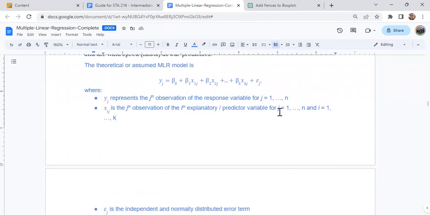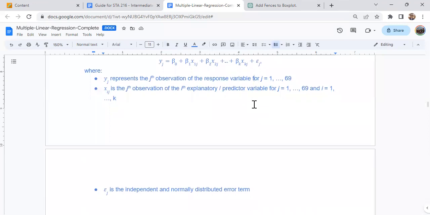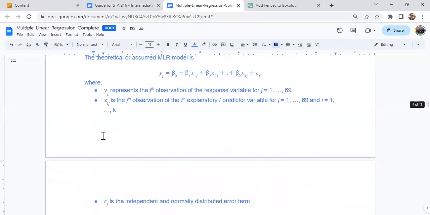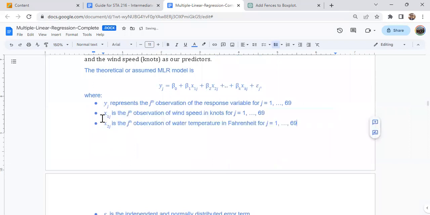So we'll update n to give the sample size. And the definition of the x's is actually always the same for the assumed and the estimated model. So we can save ourselves a little bit of work by just copying those exactly like that.